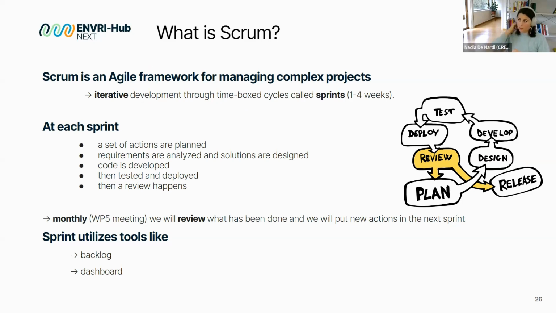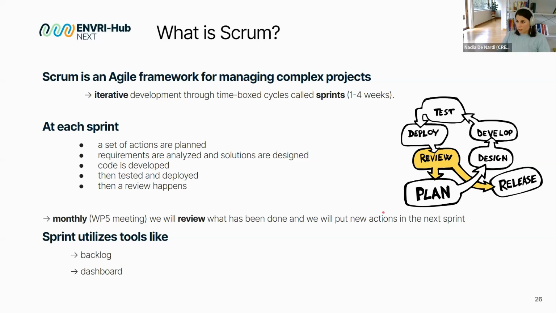So they are like boxes. We'll start today, the 16th of October, and we'll end the 16th of November. Inside this period, I need to deliver the 10 activities that I've decided. At the end of the sprint, I deliver everything, and then a new sprint will start again. So at each sprint, a set of actions is planned.